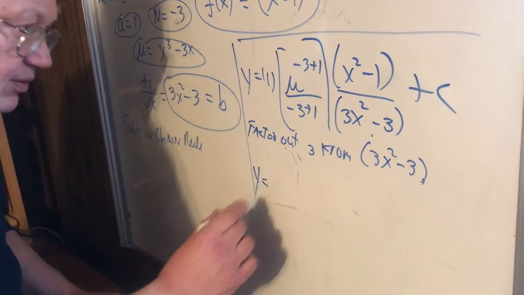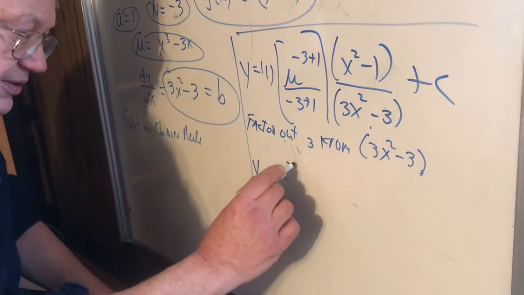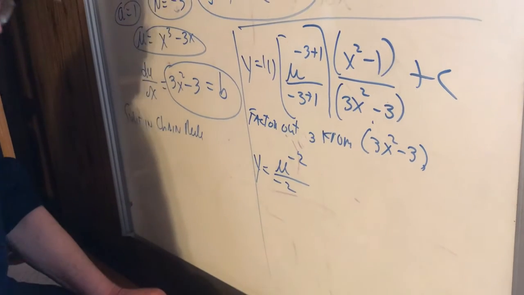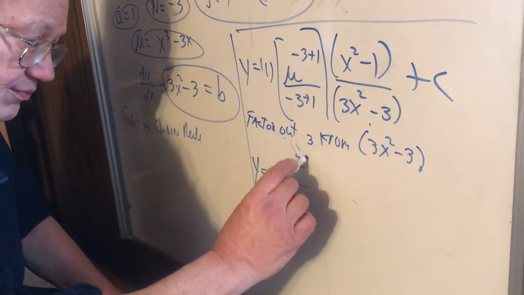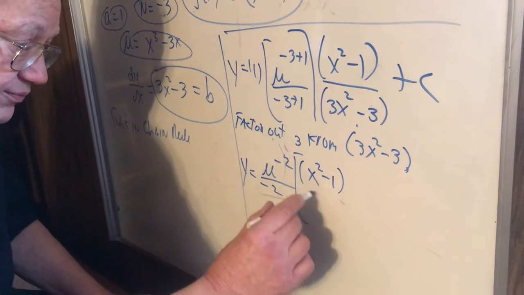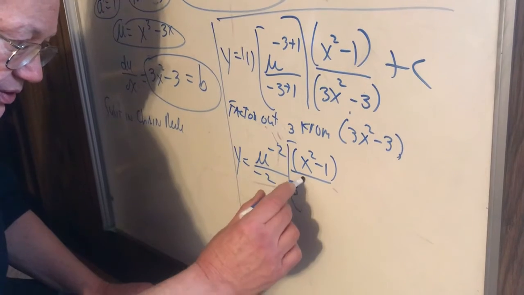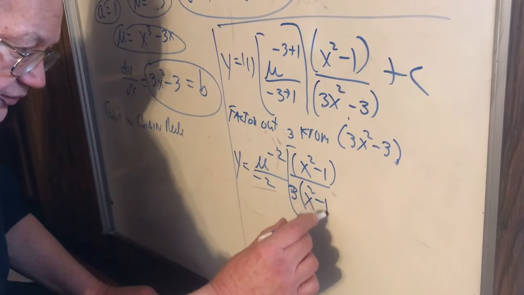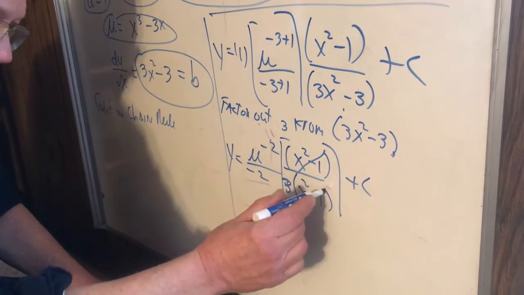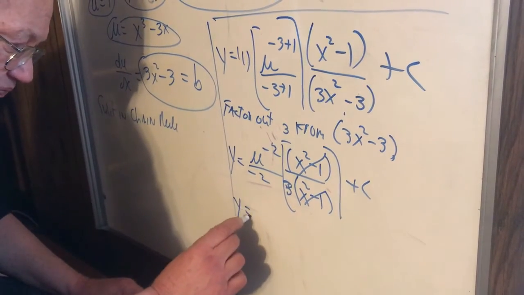So y equals, I'm going to get u to the minus 2 divided by minus 2, x squared minus 1, over 3 times x squared minus 1, plus c. Those cancel. Let's put the u back in here now.